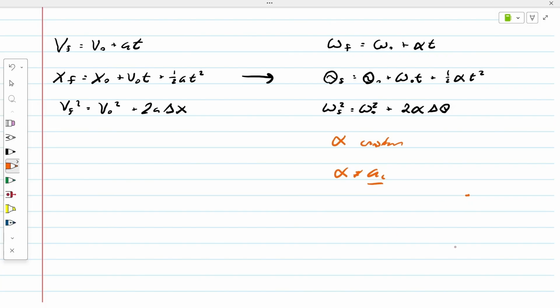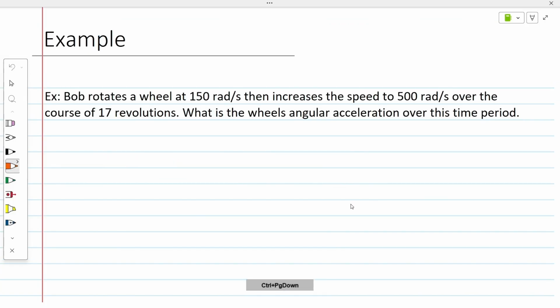But we're looking at the object as a whole, and the object as a whole could have a constant rotational acceleration, so we can use these equations just like we use these ones for normal 2D kinematics. We'll talk more about how we relate these later, but let's do an example with these kinematic equations.